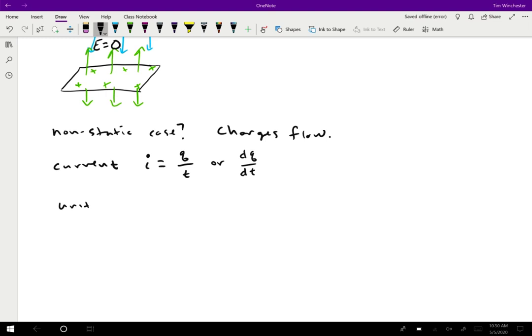So what are the units for current? Well, we can figure it out from the formula. We're going to get units of charge, which are coulombs, divided by units of time, which are seconds. All right, so 1 coulomb per second is 1 amp. Okay, so the full name of this unit is the ampere, but typically people will just refer to it as an amp for short.